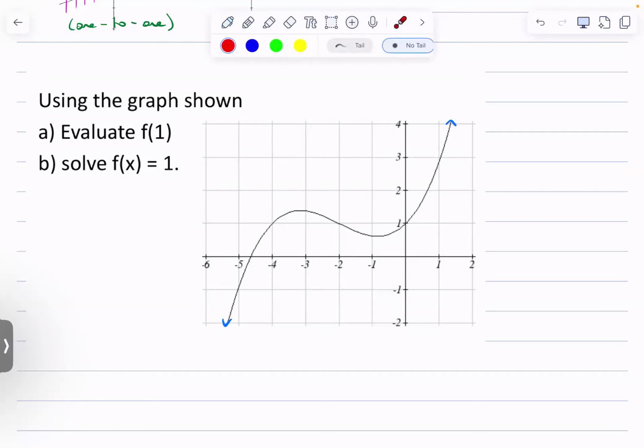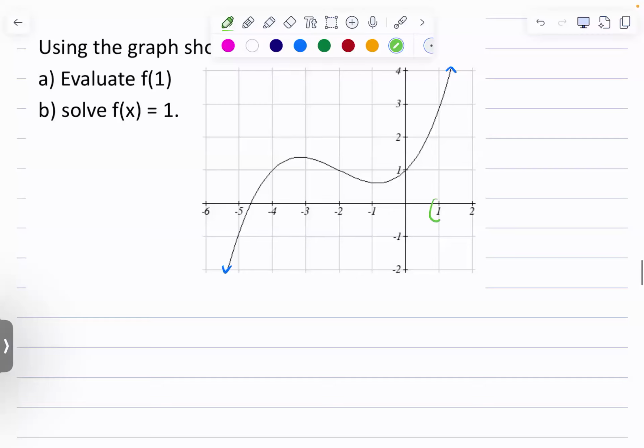Okay. And so if we want to evaluate f of 1, then 1 is the input. Okay. And so here, let's do it in green. The input is 1, and it gives me an output of roughly 3, let's say, right? If I had to guess, I'd say 2.8 or something.